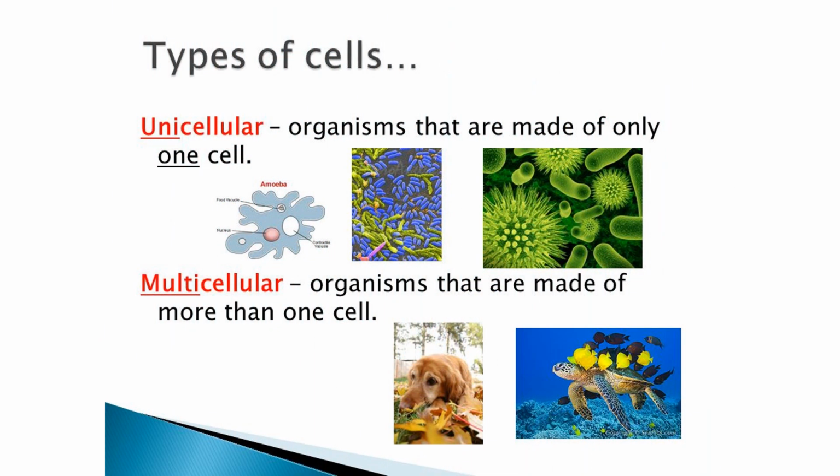So again, unicellular or unicelled organisms are made up of one single cell, like bacteria and archaea and protists and the yeast in the fungi kingdom. The amoeba that you see here under unicellular is a type of protist that we're going to talk about later on. Now, plants and animals and mushroom and mold in the fungi kingdom are multicellular or multicelled.